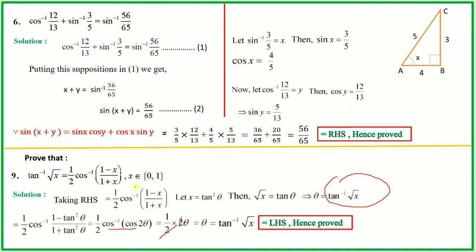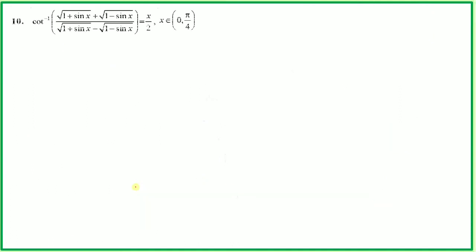So simple. Next question. Question number 10 looks very complicated, but again very simple. Cot inverse of (under root 1 plus sin x plus under root 1 minus sin x) upon (under root 1 plus sin x minus under root 1 minus sin x), only the plus and minus differ, equals x by 2. Again I told you, take the complicated side first and then reach the simpler side.